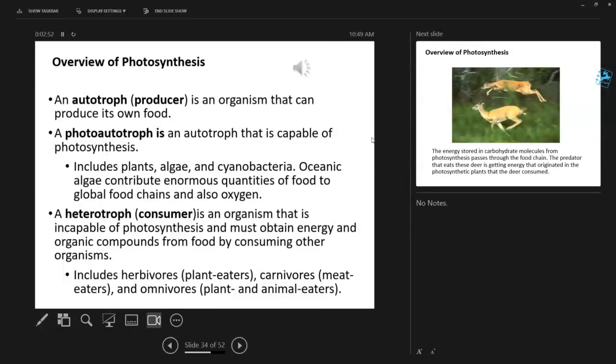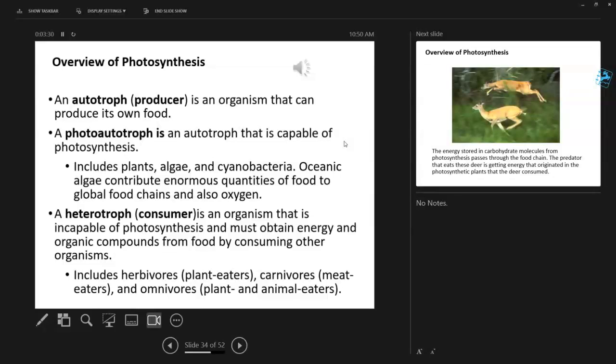There are a few weird one-celled organisms called chemoautotrophs, and they do something like photosynthesis, but instead of using energy from light, they use energy from small inorganic molecules. Again, these are weird bacteria and archaeans, but mostly autotrophs, producers, are photosynthetic organisms.